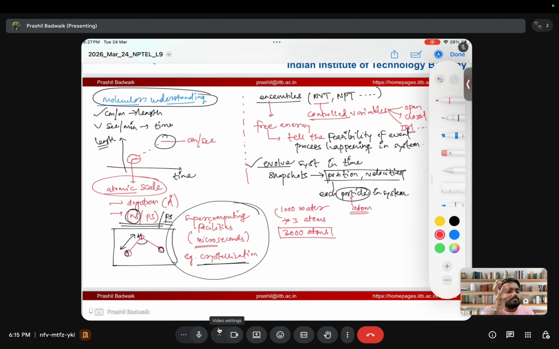It has some diameter, right? So these particles will have positions x, y, and z in space. So this is there for each particle. How many of these will be there? Let's say if I am having n particles, then I will be having 3n positions.